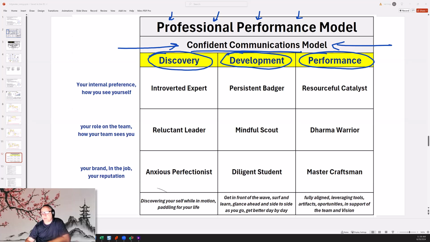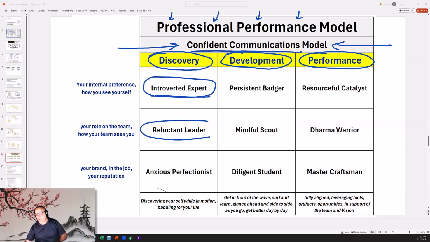But it starts with an assessment. And what we found was that people fall into one or more or all of these categories to some degree, which makes it difficult to learn new things. Like introverted experts would rather work in the quiet on their own by themselves and not be in public doing things. And then there are other guys who get promoted from their level of expertise into a leadership position that they don't feel prepared for. Hey, you were successful as a doctor, you should be successful as a trader.